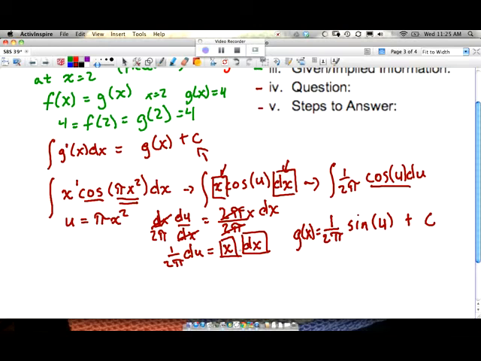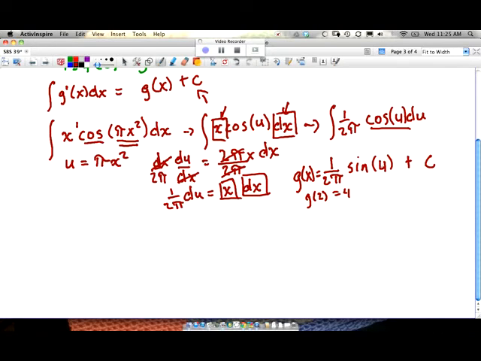We need to plug in u, which we have here, and solve for c. So let's figure out what we would get there. g of 2 equals 4, so that's going to help us solve some things here. We also know that u was pi x squared, so g of x is really 1 over 2 pi times sine of pi x squared, and we got the plus c.